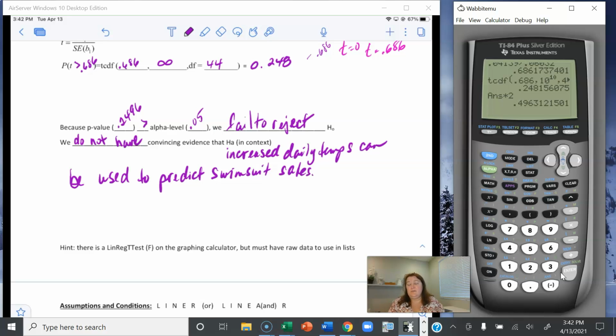So they're saying that this happens by chance about 25% of the time, and that's way too big of a probability to be enough for us to change our opinion of what the null hypothesis is.